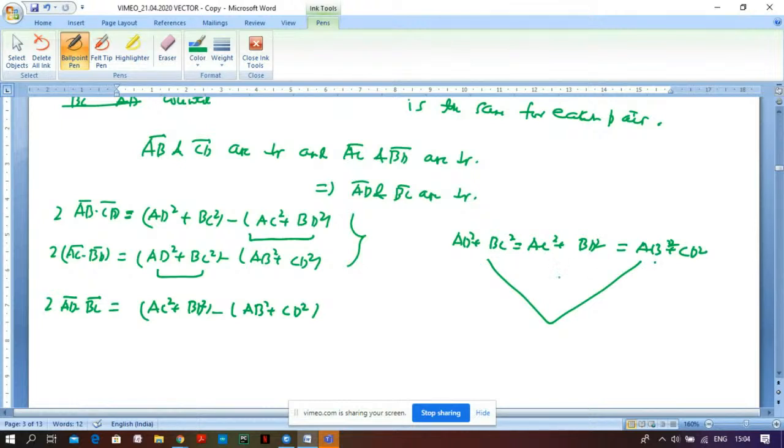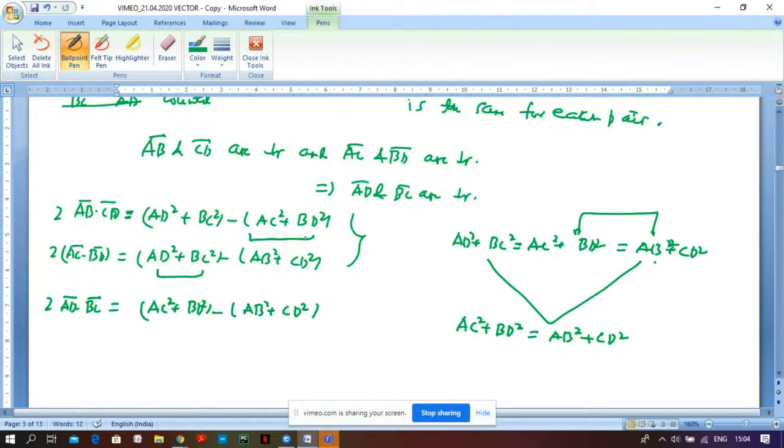These two are equal, and for our case we will use these two equal.